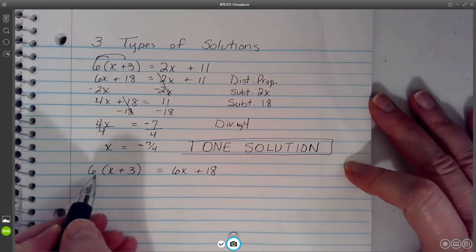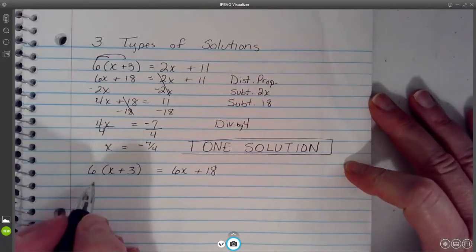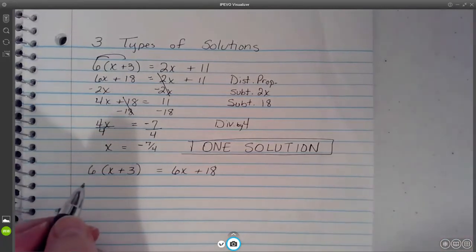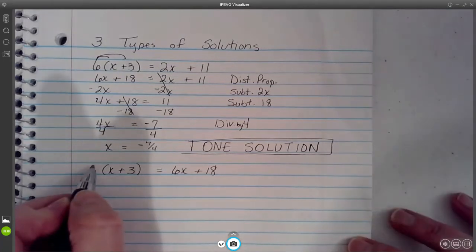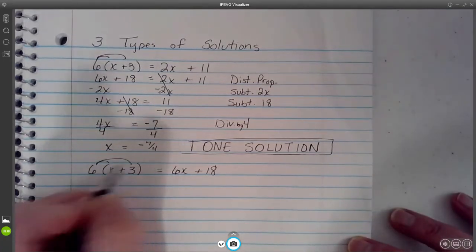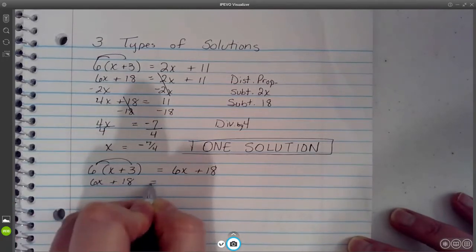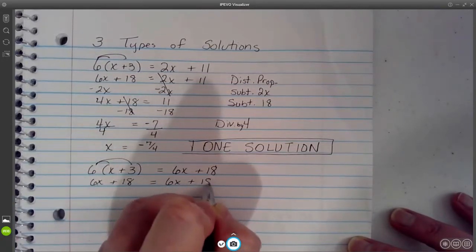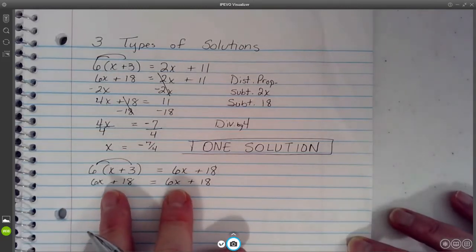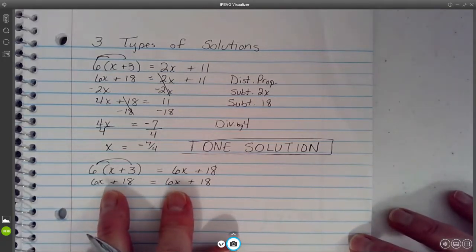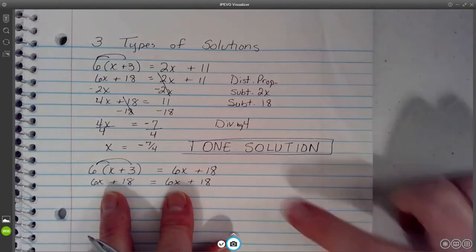Now let's move to this second problem. On the second problem, we would multiply, again, the distributive property. So 6x plus 18 equals 6x plus 18. I already noticed something weird since both sides are the same. But I'm going to do as I did up here.